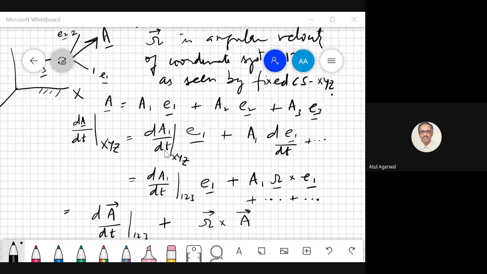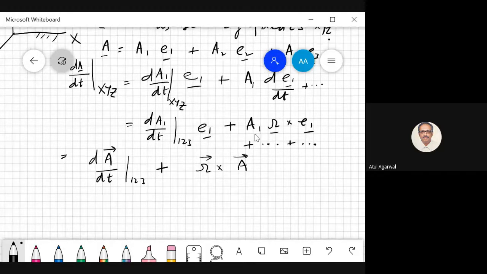So its time derivative is the same whether it is the capital XYZ or the small 1, 2, 3 system. So you can write like this. Finally you will see this term dA2 by dt E2, dA3 by dt E3. So all of that can be clubbed as dA by dt in the 1, 2, 3 system. Same thing here, omega cross it. Any doubts, anybody?